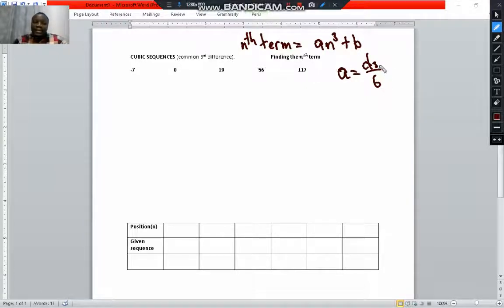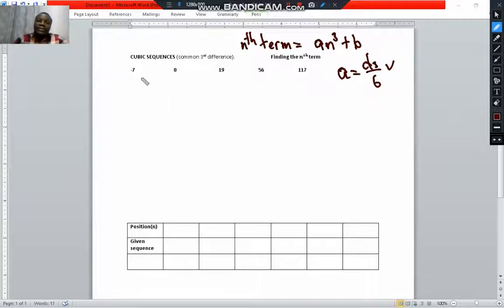For now, just take this as one of your notes. Then b can be anything: a quadratic equation, a constant, or the nth term of a linear sequence. We'll look at these in the following examples. So just remember that a is given by the third difference divided by 6. In future, we'll explain why it's like this, but for now, let's just get the basics.